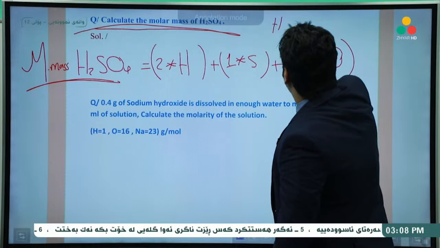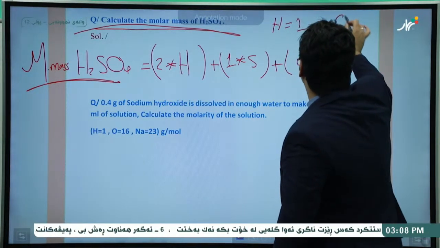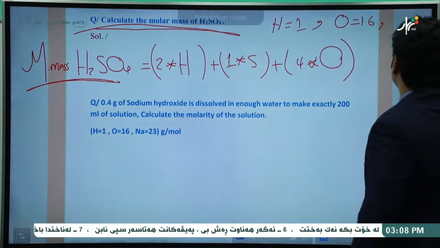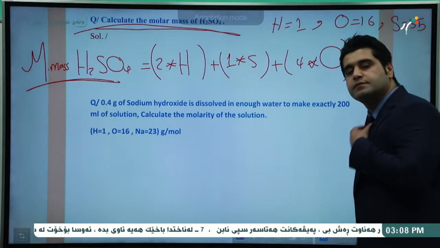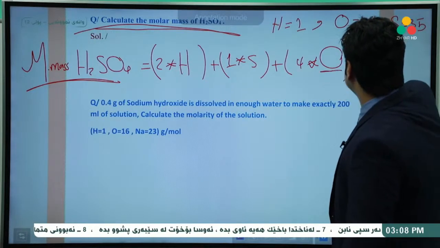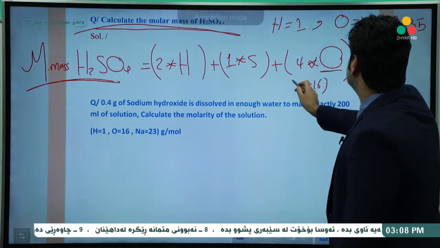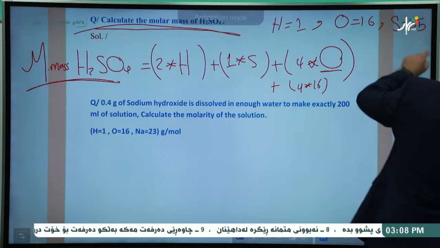Hydrogen is equal to 1, the atomic mass, okay? And oxygen is equal to 16. Sulfur is equal to 35 gram per mole. Now substitute oxygen by 16, 4 times 16 plus, and replace sulfur by 32.